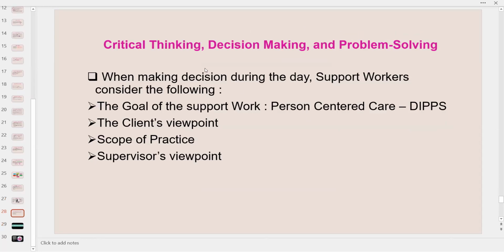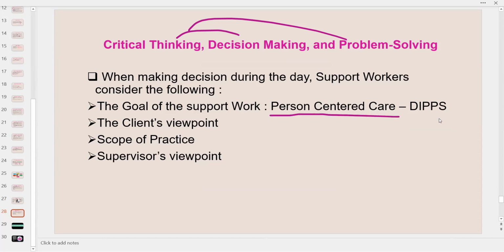Now, critical thinking is very important when making decisions. It's also important when problem solving in the workplace or in the setting. So there are considerations that the support workers should follow. Number one, the goal of the support. It should always be person-centered care.